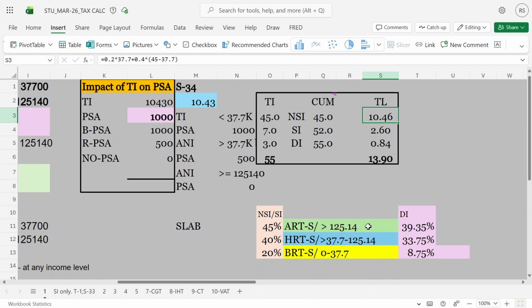So even that 5,000 of dividend income will be taxed at the highest rate of 39.35%. Is this clear?